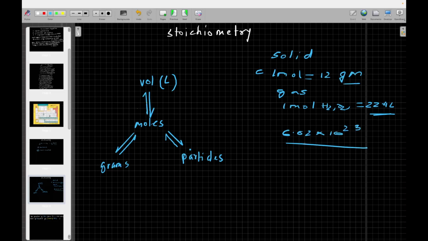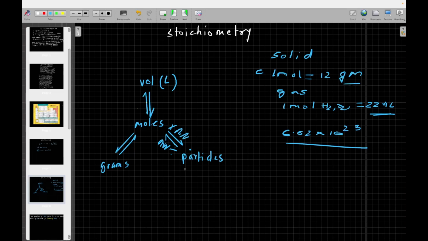If we know the particle number of any substance, we can easily calculate the moles by dividing by the Avogadro number. If we have the mole information and need the number of particles, we multiply the moles by the Avogadro number.